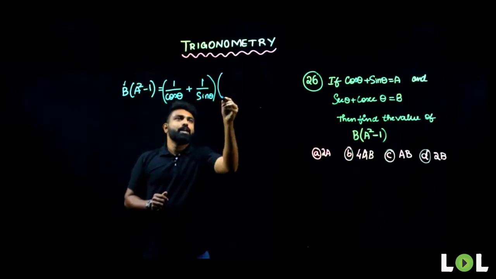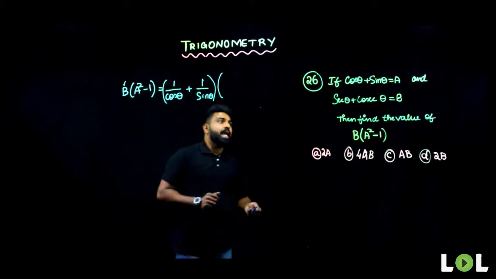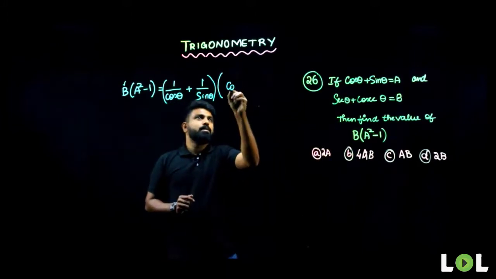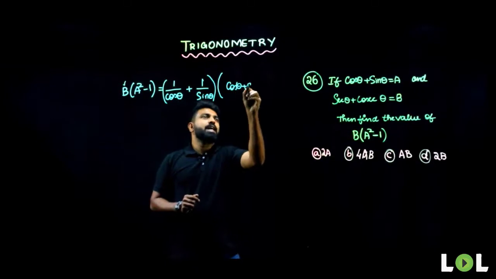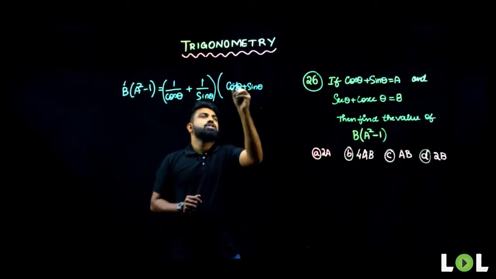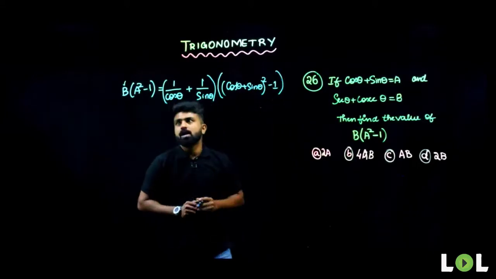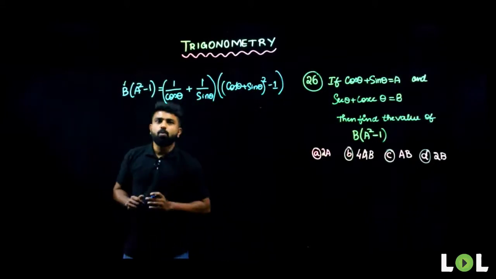Now what do I need to do? I have to multiply it with A square minus 1. What is A square? Cos theta plus sin theta, the whole square, minus 1. Now, if I take the LCM here, what will I be left out with?